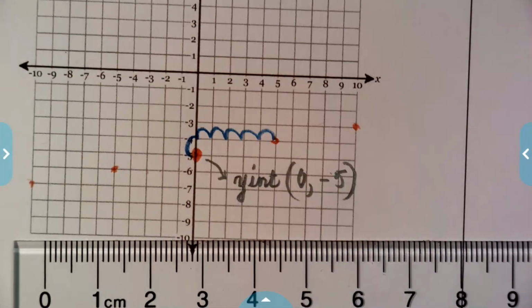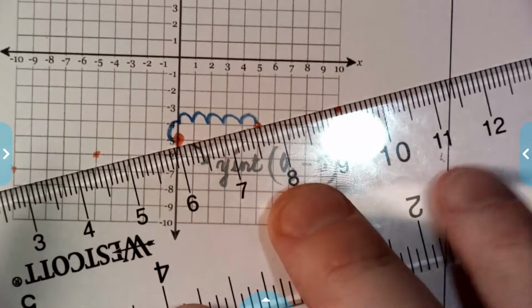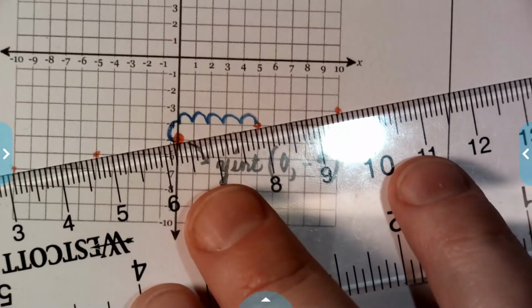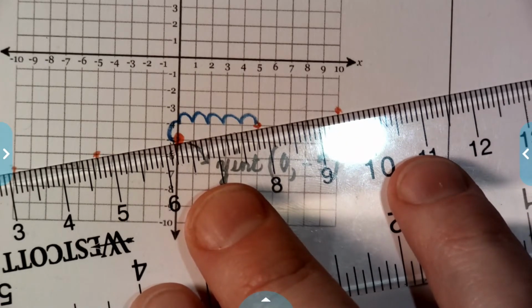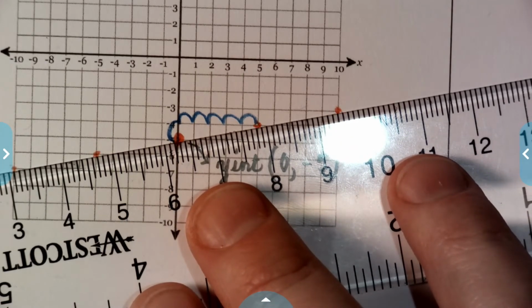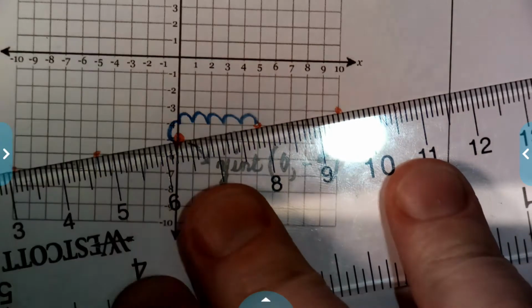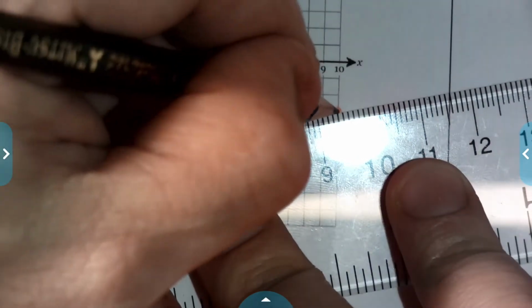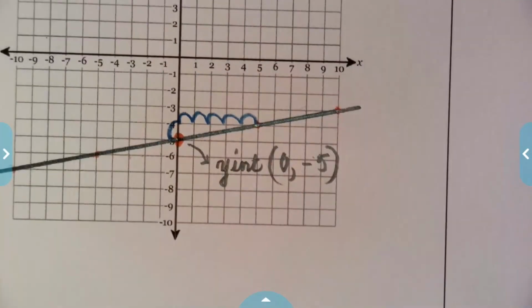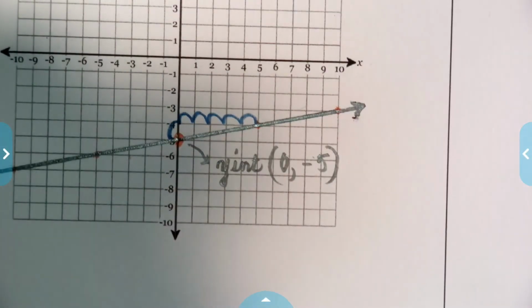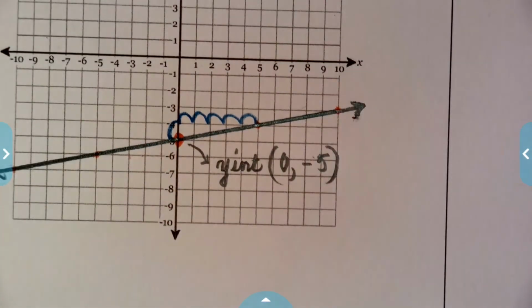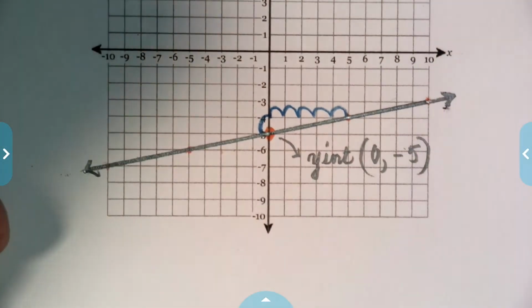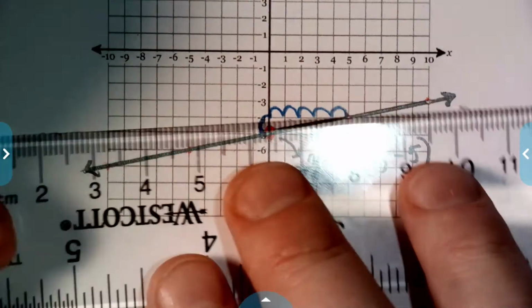Okay, that lets me get my ruler just right. All right, so now we put little arrowheads on the end of that, and we label the line. y equals 1/5 x minus 5.